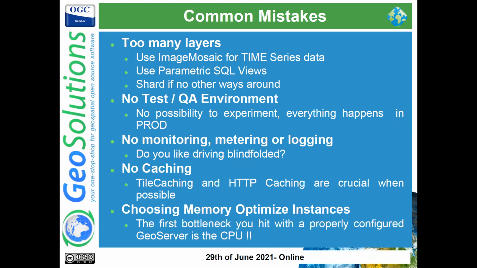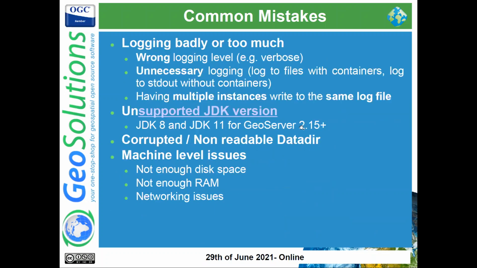It can be one for general use, a CPU optimized one, or a memory optimized one. People tend to think that they need a memory optimized instance, but that's not the case. You should usually pick the one with the faster CPU and more CPU cores. GeoServer likes CPU cores.